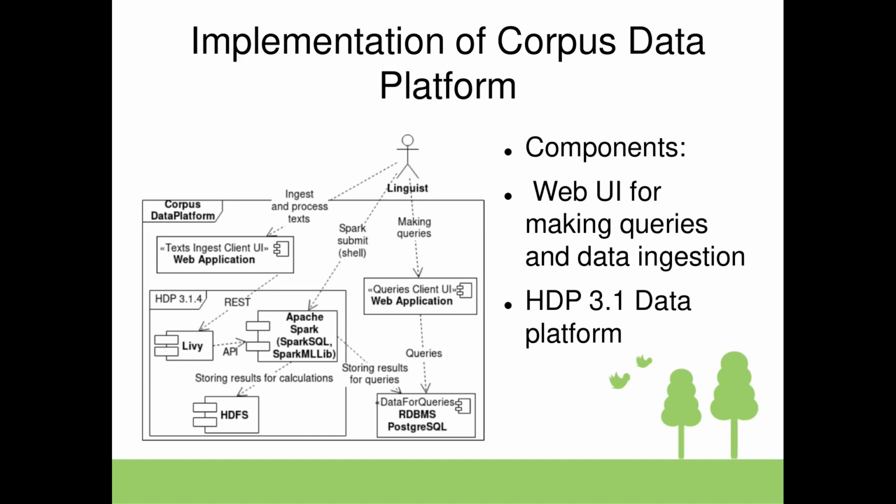A general overview of our corpus can be shown in this slide. It contains a web UI and a data platform, HDP. This is Hortonworks Data Platform version 3.1. The core components of this tool are Apache Spark and HDFS.